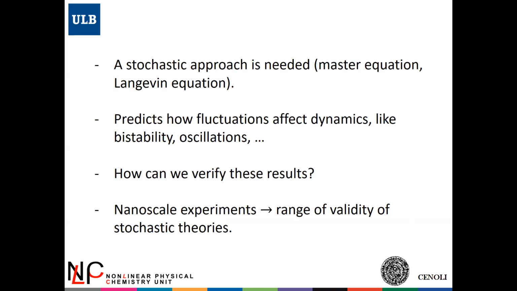The idea is to combine nanoscale experiments done with atom microscopes and predictions of the stochastic theories to assess the range of validity of these theories. We did very many different things, but we only have 20 minutes, so I will present maybe one or two examples of what can be done or verified.